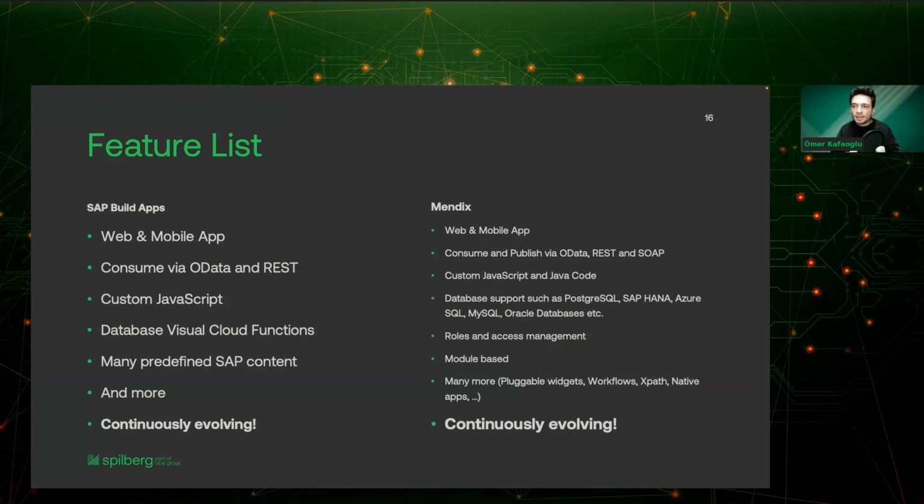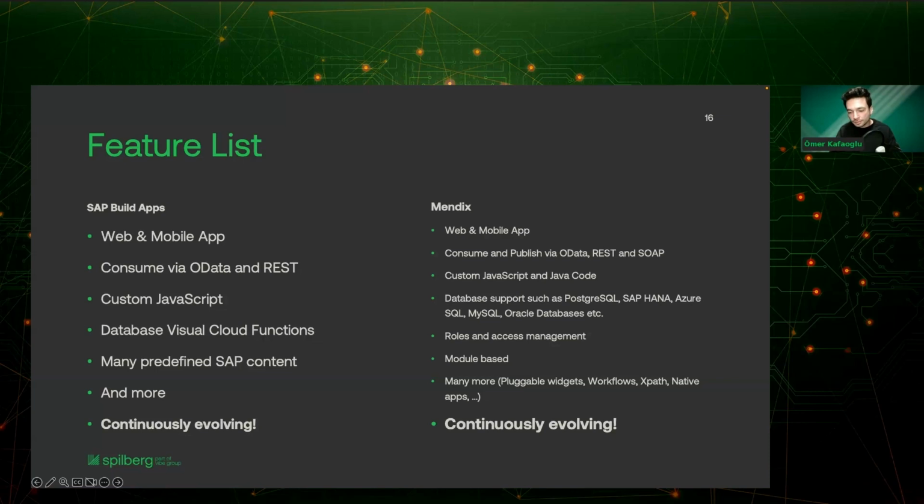It just makes the app more dynamic and easier to extend. There are also many more things Mendix can do, and it's continuously evolving. Both platforms are really nice, evolving continuously, and I'm looking forward to how things are going to look in the low-code world.